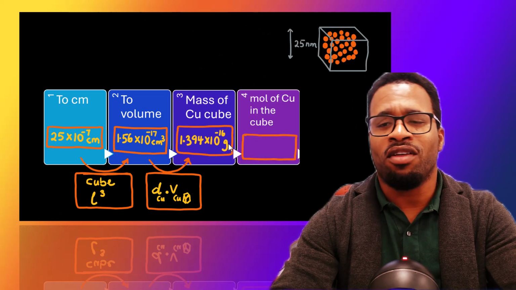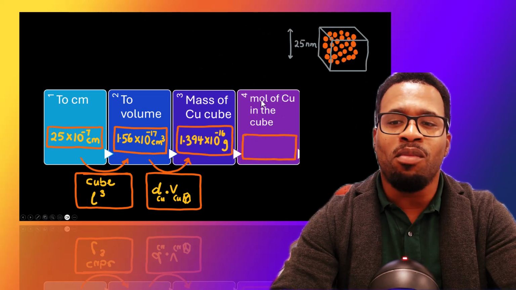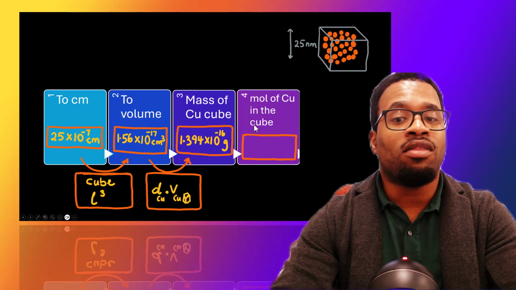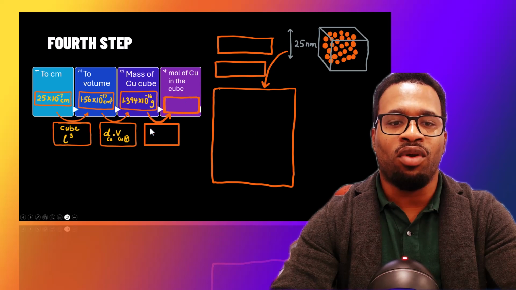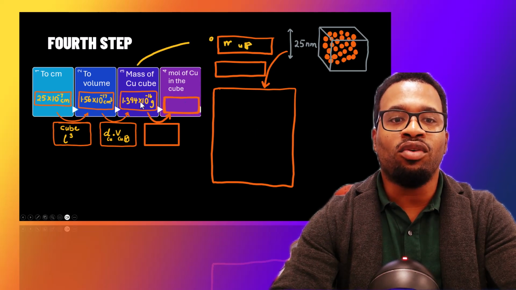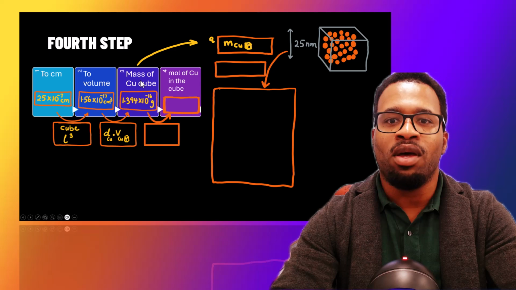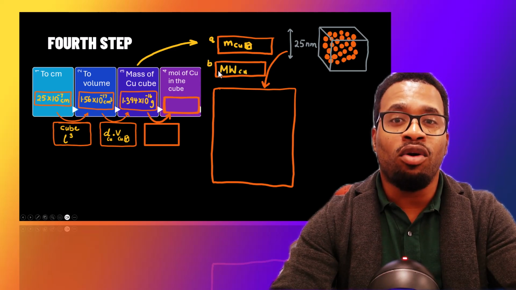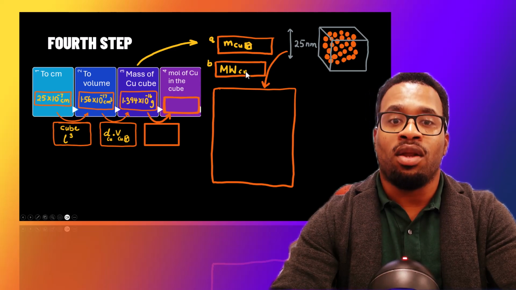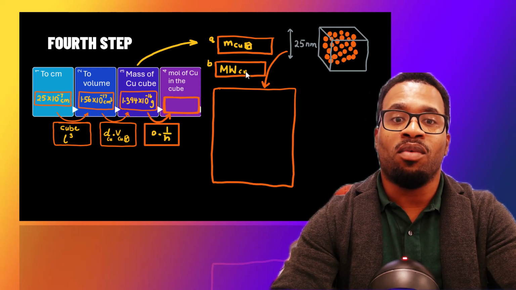We're going to move on to the fourth step, which is to determine the moles of copper in the cube. To accomplish this, we have to use the mass of the copper cube that we determined, and we need to use the molar mass of copper to determine the moles.